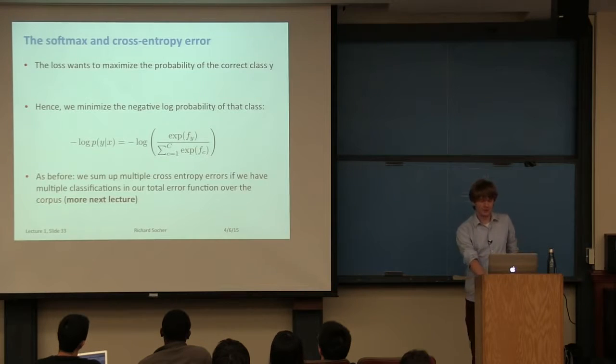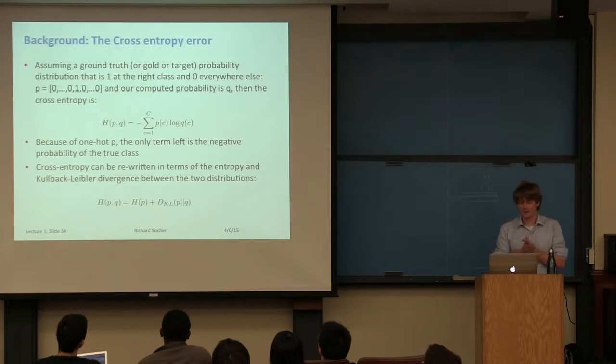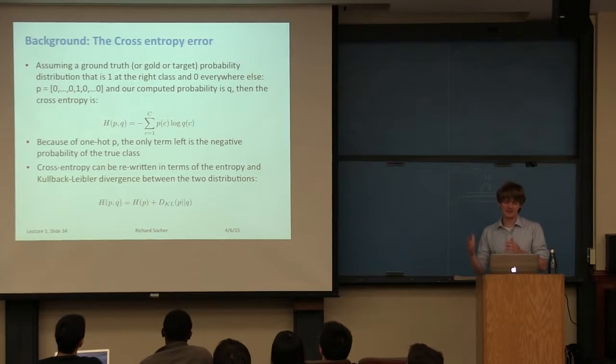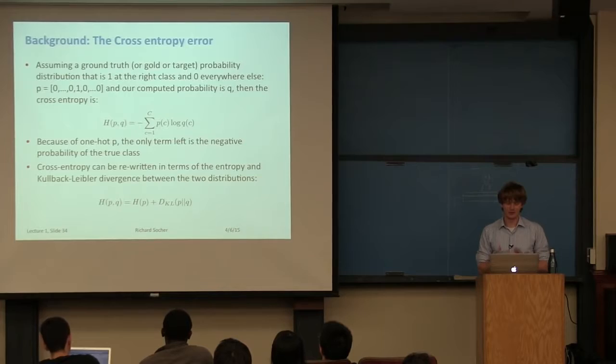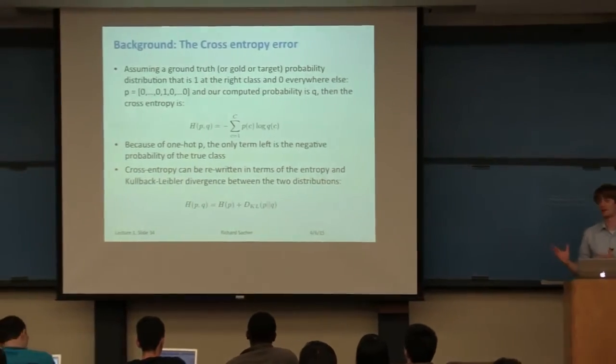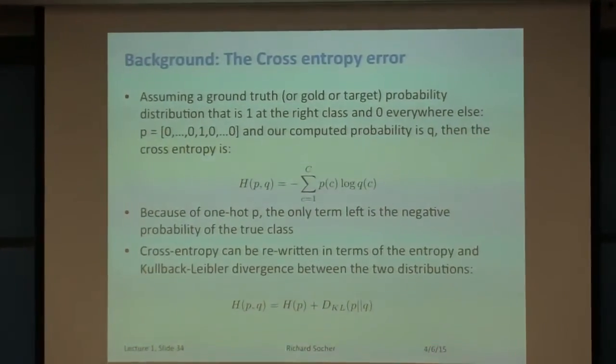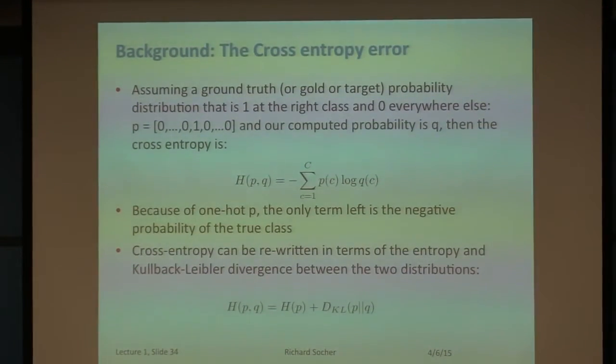Okay, so to give you a little bit of background in information theory, and to play around a little bit more with these concepts to familiarize yourself with them, let's look a little bit into the background of the cross entropy error. Basically, we can assume that our ground truth probability, which is used interchangeably with the goal probability or the target probability, is a one-hot vector, where we have one for the right class.